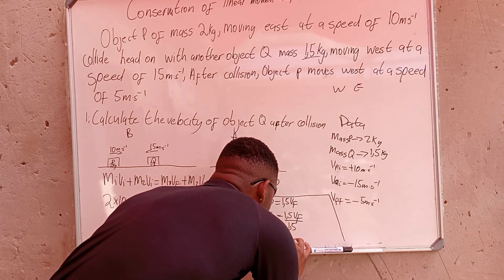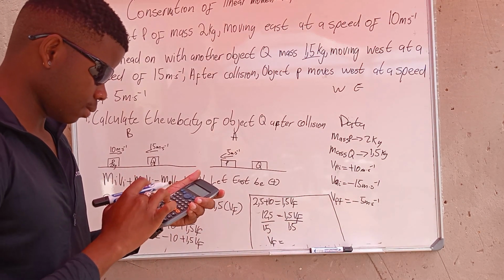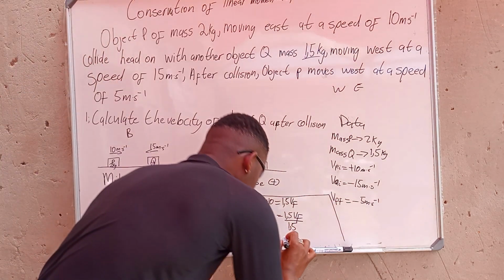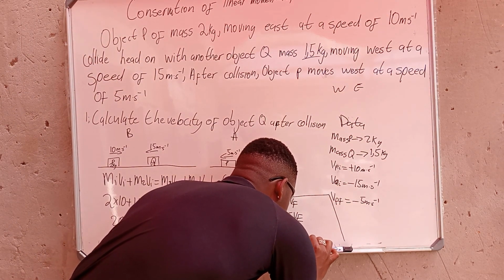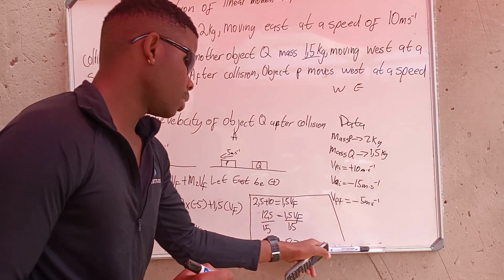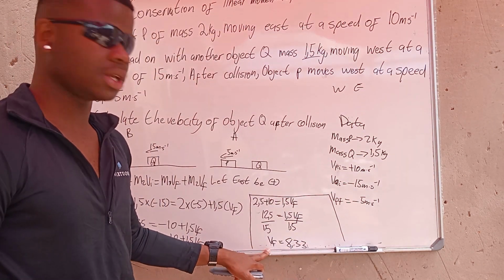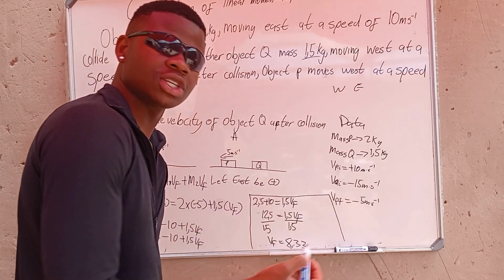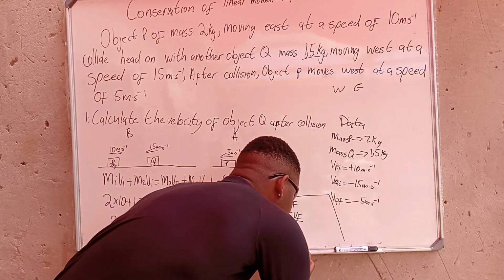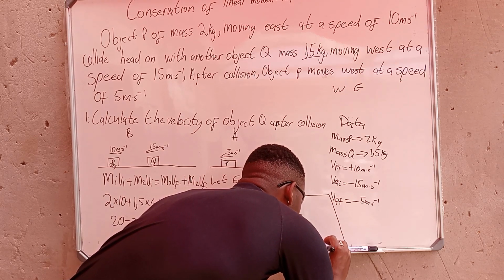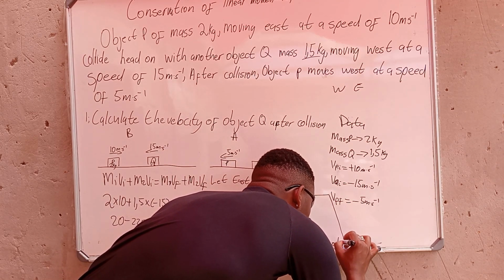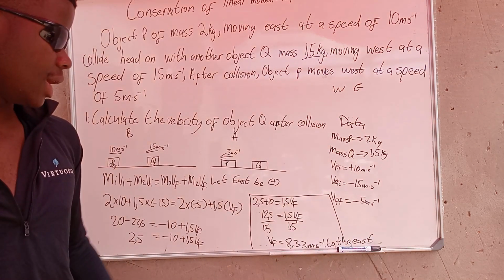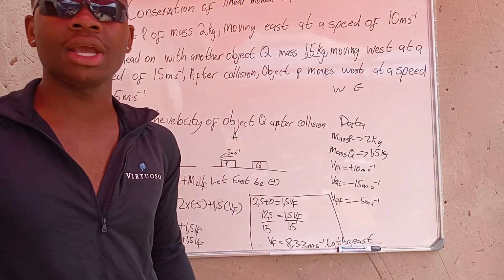Our VF is 8,33. Since velocity is a vector quantity, we'll assign the direction. We'll say 8,3 meters per second to the east.